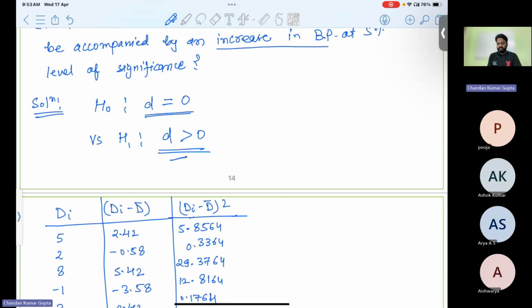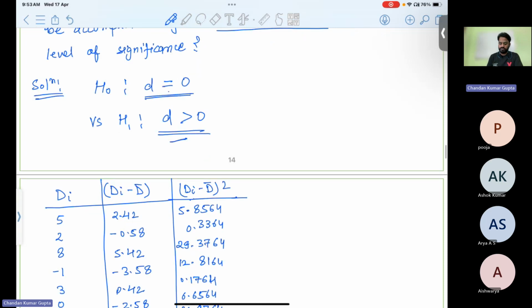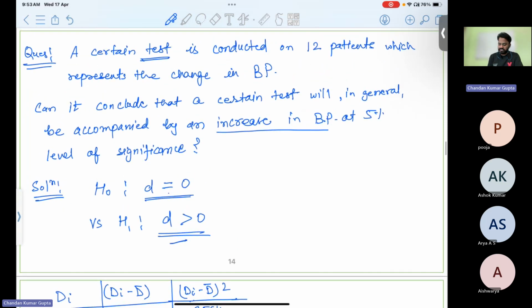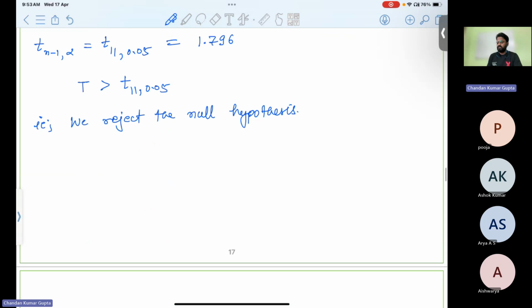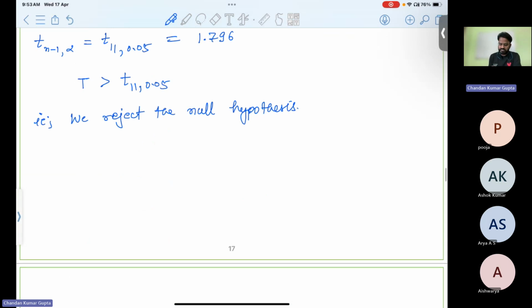So the difference is not zero; the difference is greater than zero. So can we conclude that a certain test will generally be accompanied by an increase in BP? Yes, it increases. So the test is effective in increasing BP; the test contributed to increasing BP.